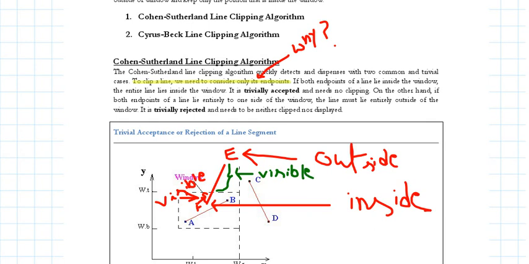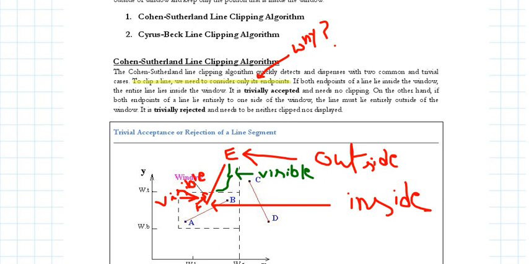So now we have three types of situations which might occur here. First one, trivially accepted when both the endpoints of the line lie inside your viewing window. Trivially rejected when both the endpoints of the line are at one side of the clipping window. And a third situation where the line is partially visible.